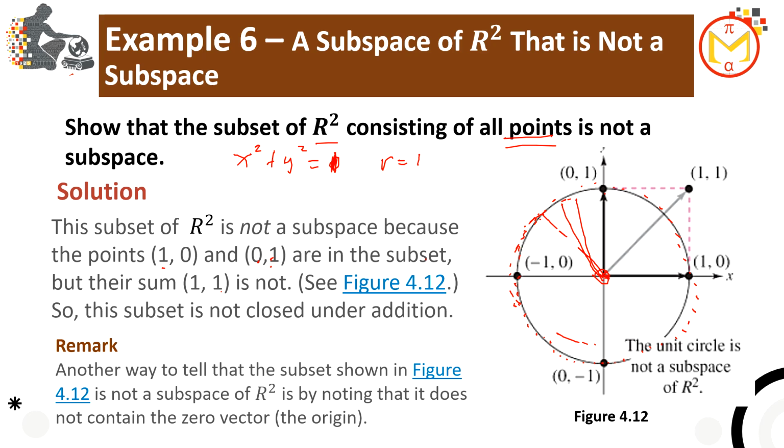But this point is not included in the equation. If you include (0, 0), if x is 0 and y is 0, it is not equal to 1, right? So (0, 0) is not included. And again, by the previous theorem, a subspace of R squared must contain (0, 0), and this graph does not contain (0, 0). So this is a good example of a subset of R squared which is not a subspace.